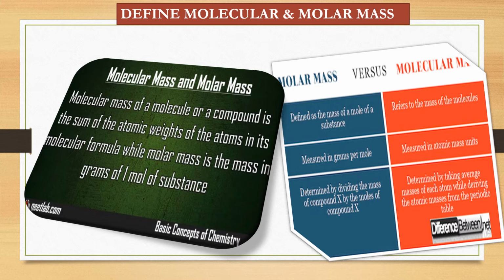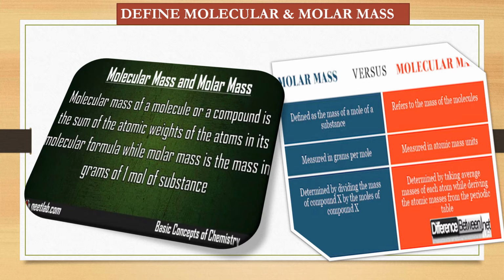So molecular mass of carbon dioxide is equal to atomic weight of carbon plus atomic weight of oxygen, because 2 atoms are there. And molar mass, for carbon dioxide only I am saying, is the mass in grams of 1 mole of carbon dioxide.